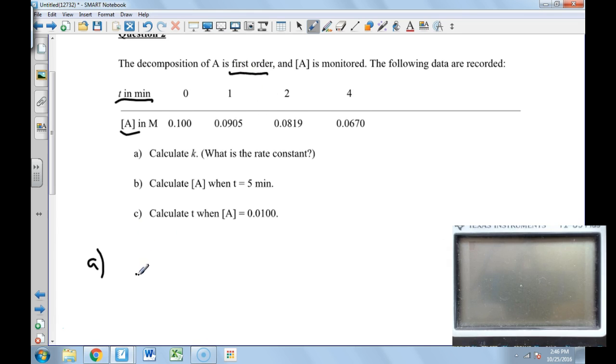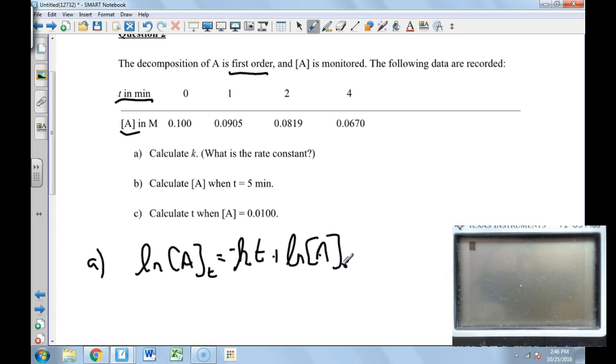So the first order integrated rate law, or at least one form, is ln of A at time t, whatever time that is, equals negative kt plus the ln of the concentration at time 0. Because we have the concentration at time 0 and any other time, we can do this.